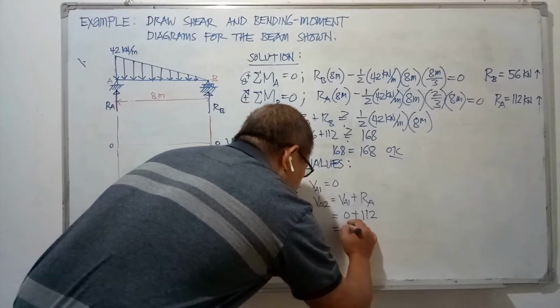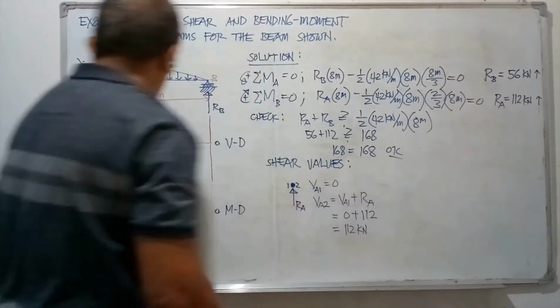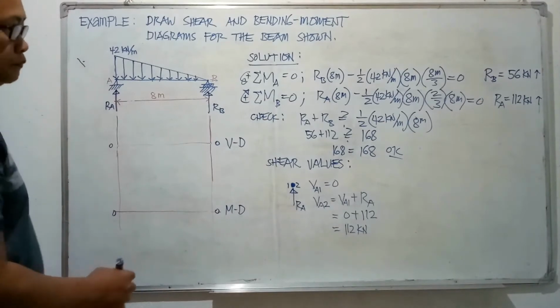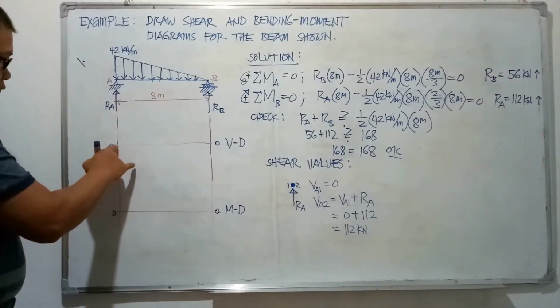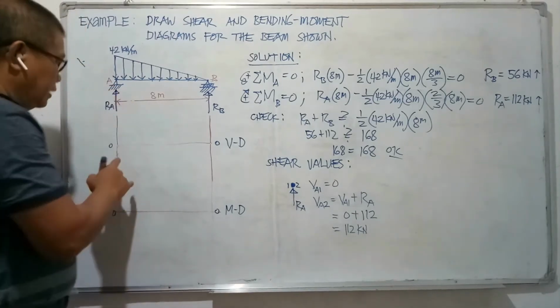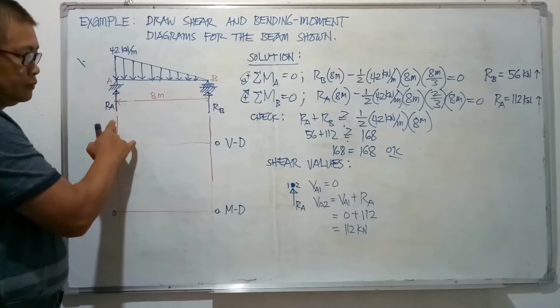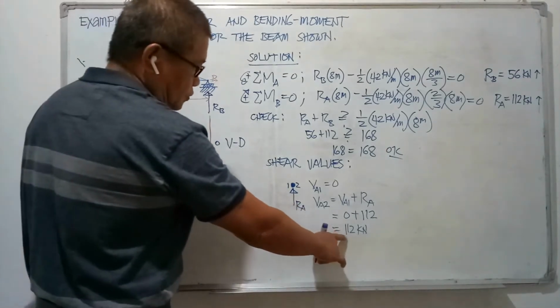So V sub A2 is 112 kilonewtons. So there are two values for joint A. We'll start with 0 and it goes up by the amount of R sub A to 112.